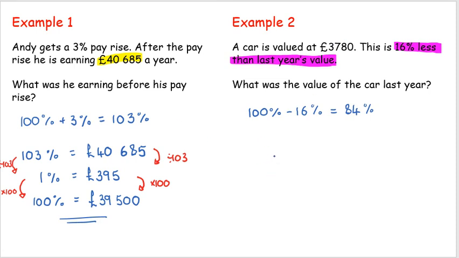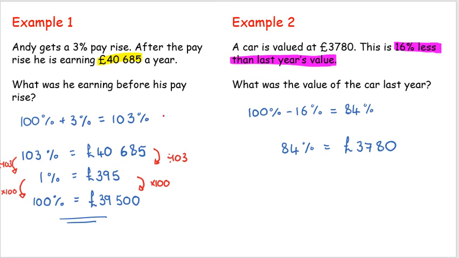So there we go, we can set up that wee equation here. The 84% is equal to 3,780. And now the process is just the same as before, because what we're trying to do is get back to what the 100% was. We want to work out what the original amount was.